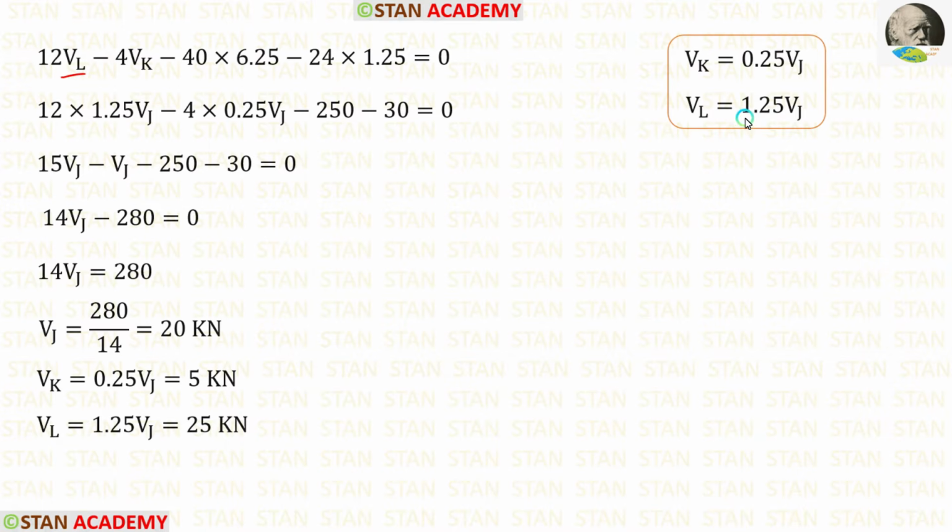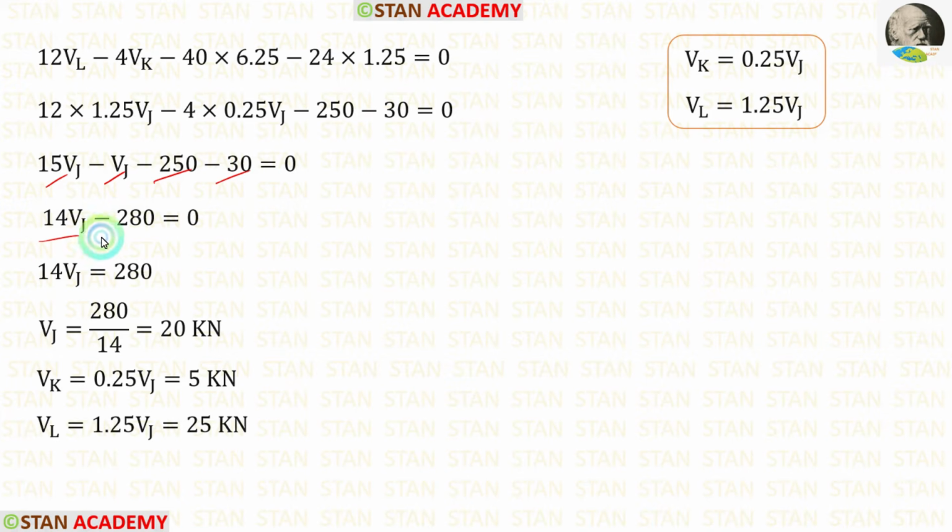For Vl, we can apply 1.25 Vj, and for Vk, we can apply 0.25 Vj. Minus 40 into 6.25, we will get minus 250. Minus 24 into 1.25, we will get minus 30. When we multiply these two, we will get these. And when we multiply these two, we will get these. When we add these two, we will get 14 Vj.